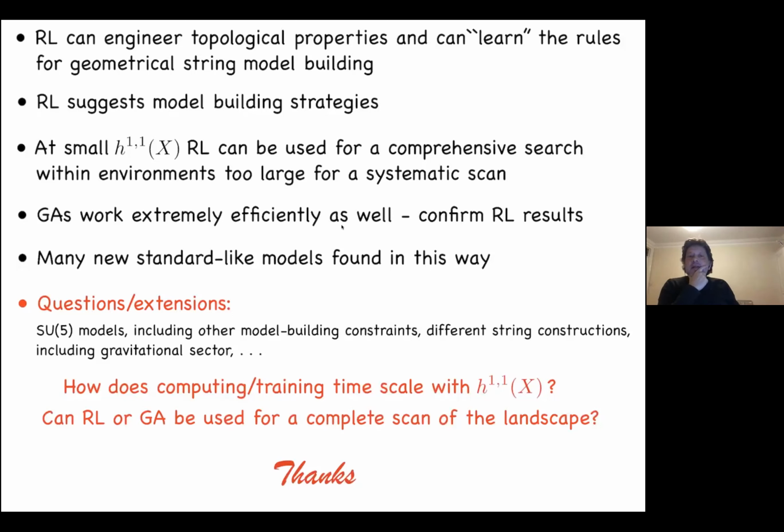We have looked at the details of that. You can look at the rollout in the GA case as well. I'm not sure you learn all too much from that. What we can say, and I haven't really touched on this, is that there's a fairly large degeneracy in our models, which has to do with being able to permute the line bundles. That doesn't really change anything in the actual string model, but they're formally different states.